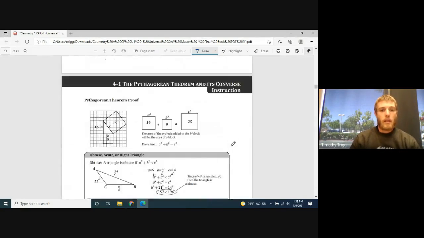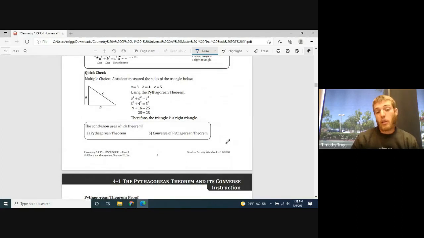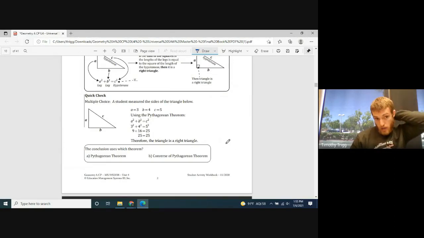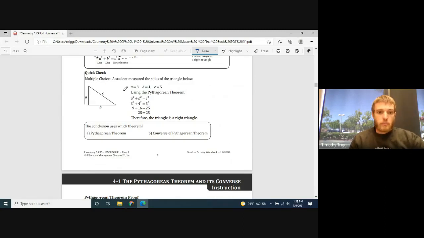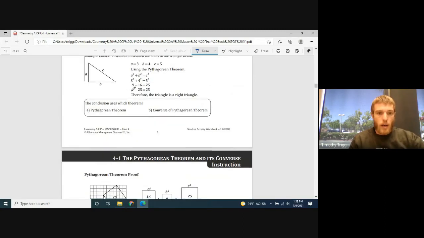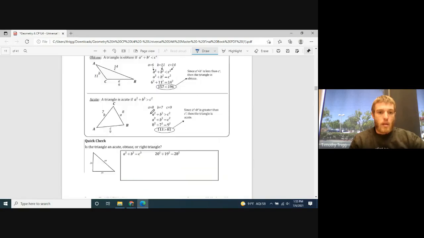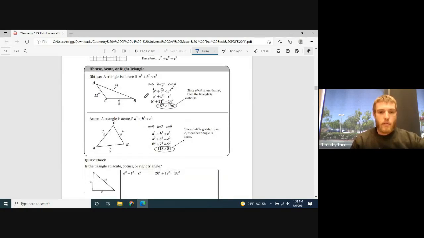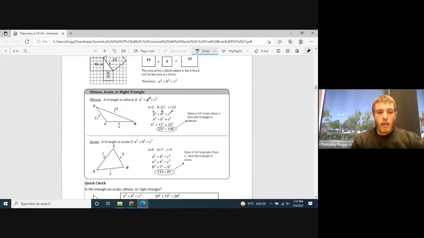Now, the Pythagorean theorem only works for right triangles. That's kind of key. Okay, so what happens if you do a squared plus b squared and the result is less than c squared?